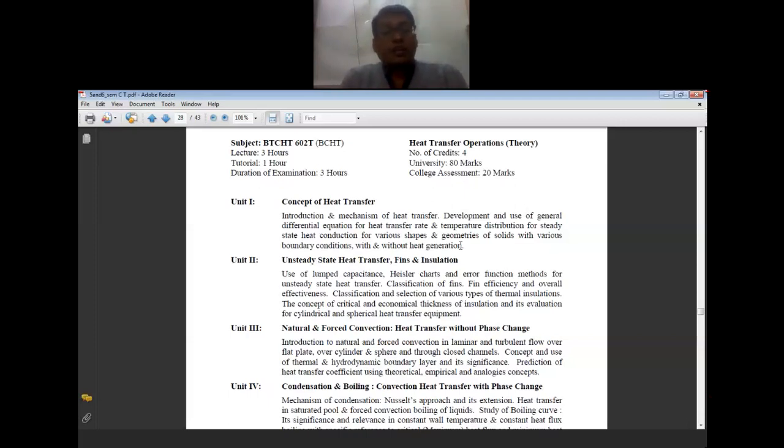This temperature difference is the root cause of heat transfer. Why heat transfer takes place is only because of the temperature difference. This is the basic requirement of understanding the heat transfer.